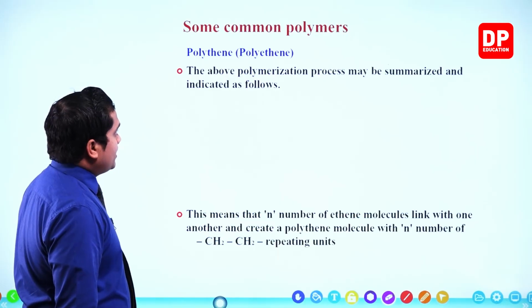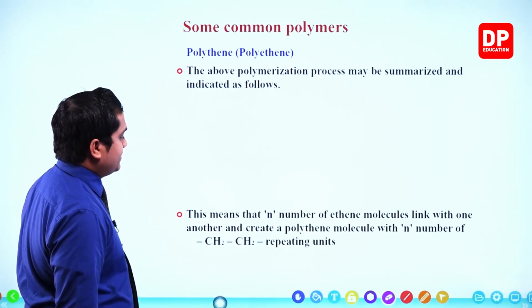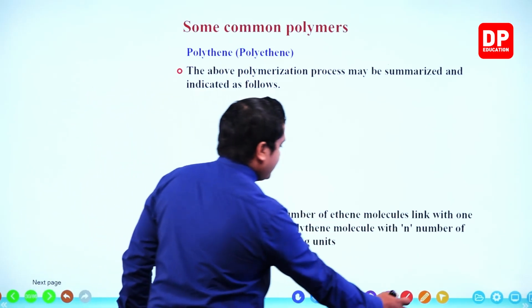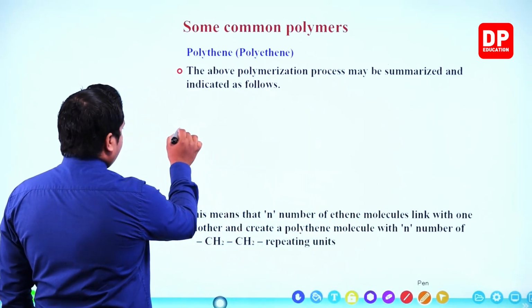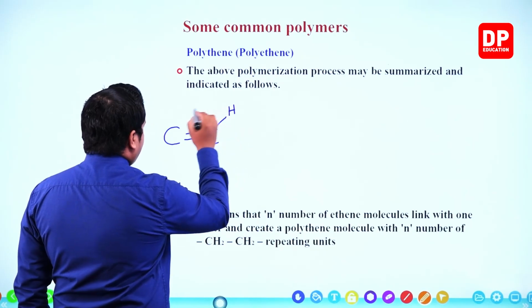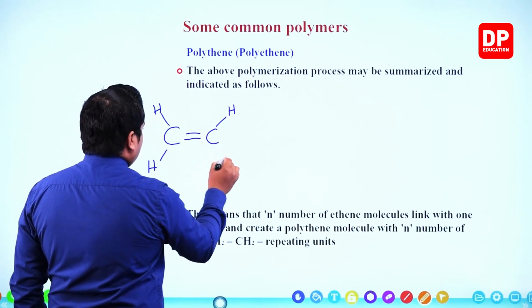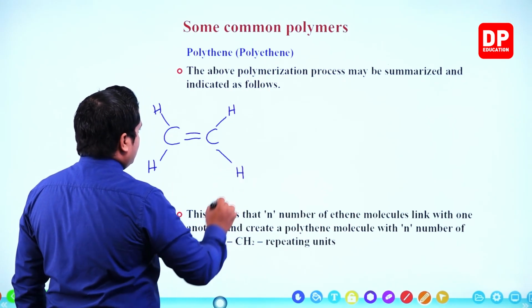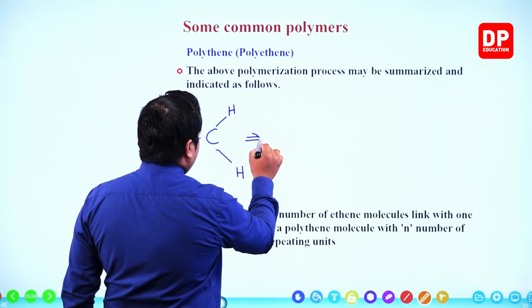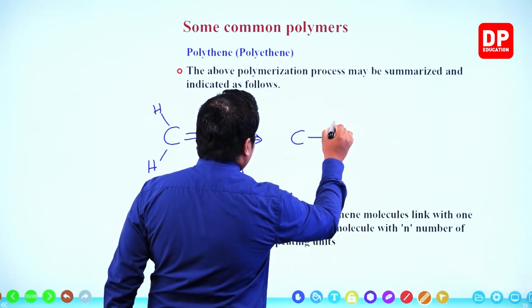So, the above polymerization process may be summarized and indicated as follows. First of all, this is ethene. So, we take ethene and we break the double bond to create this.